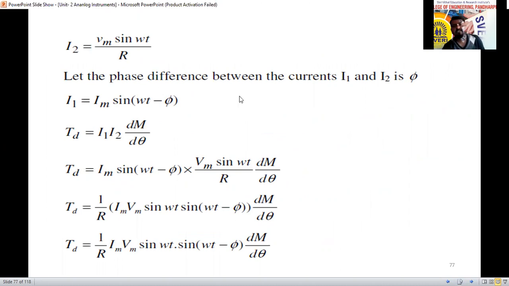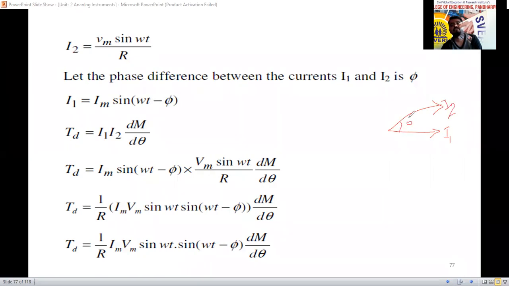Let the phase difference between the currents I1 and I2 be phi. This is I1 and this is I2, and the phase difference between these two is phi.